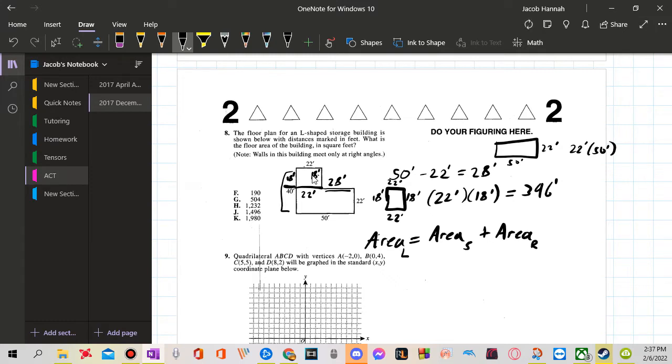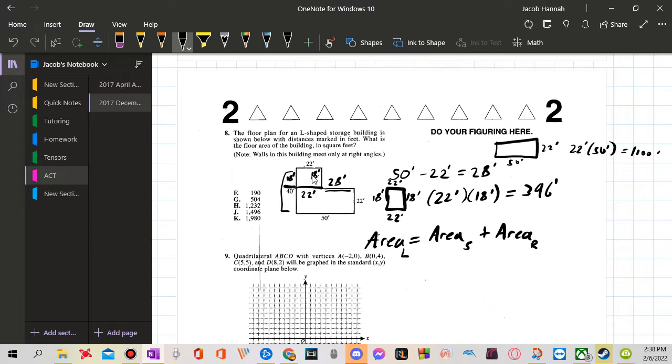So 22 times 50 is 50 times 20, which is 1000, plus 50 times 2, which is 100. So 1100 square feet. Technically square feet times square feet would give you feet to the 4th power, but oh well.